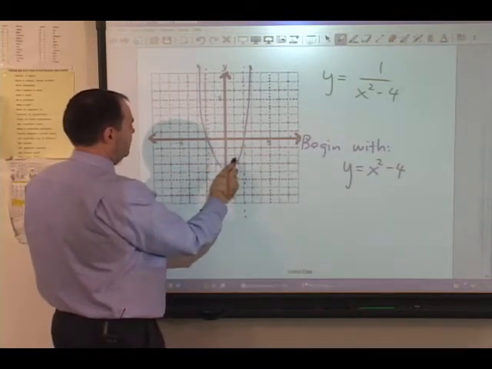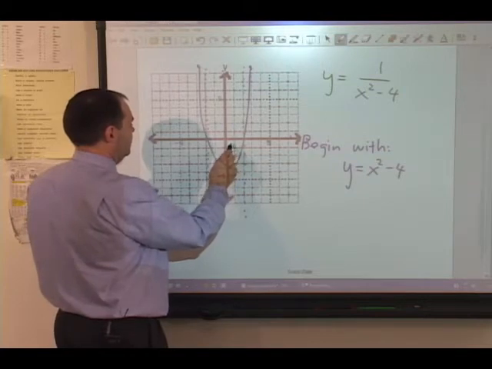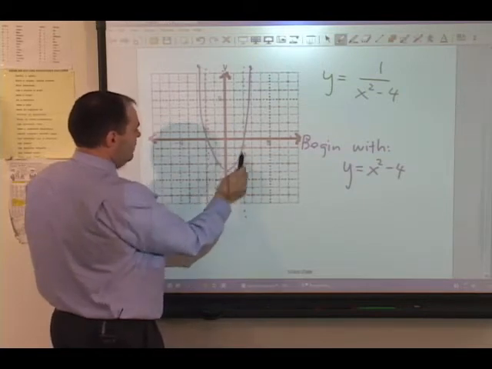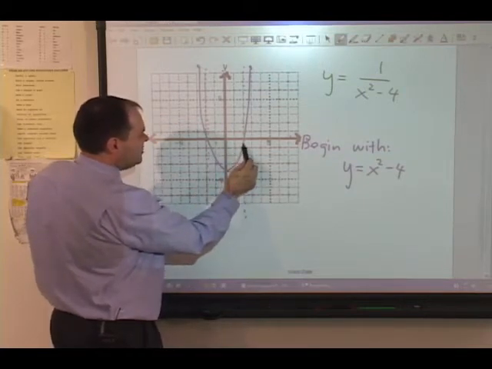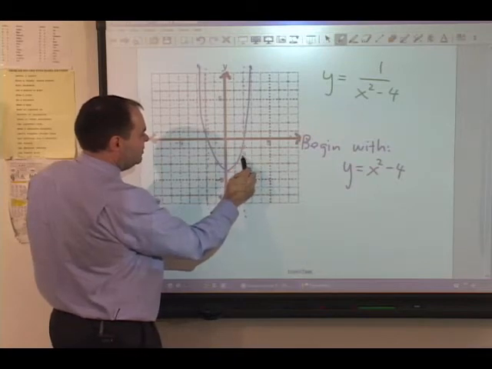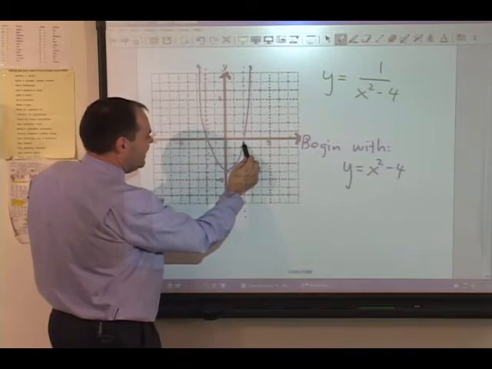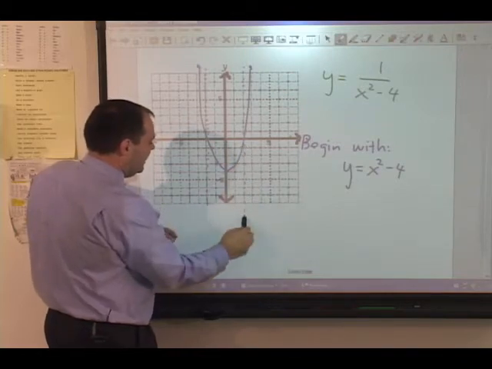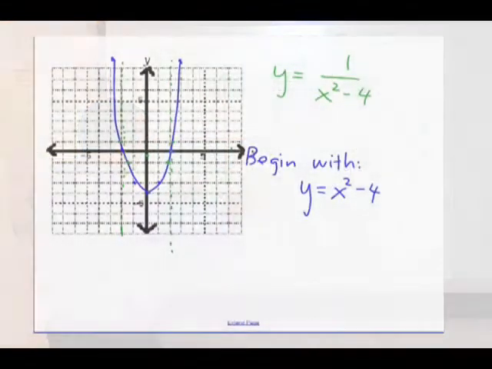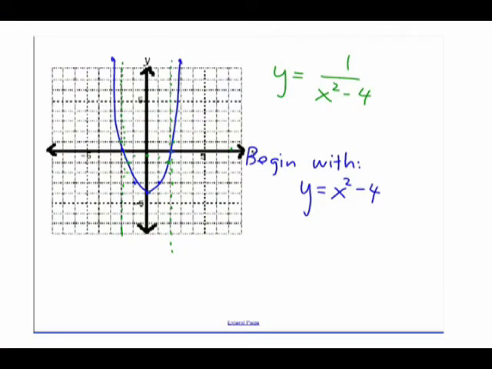A y value of negative 3 is a y value of negative a third. A y value right here, a little hard to see, negative a half, is a y value of negative 2 on both sides. A y value of negative a tenth would be negative 10. So you have the points dropping, and as we come up here, coming up to the negative 1 quarter. So the points are going to look something like this.